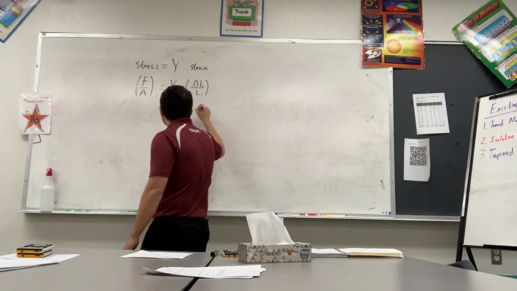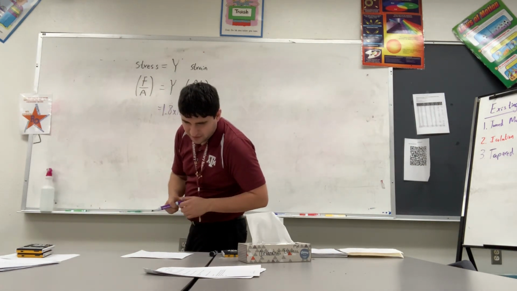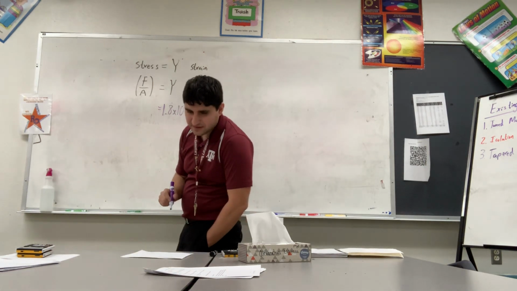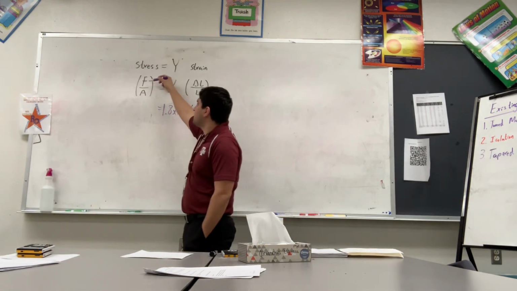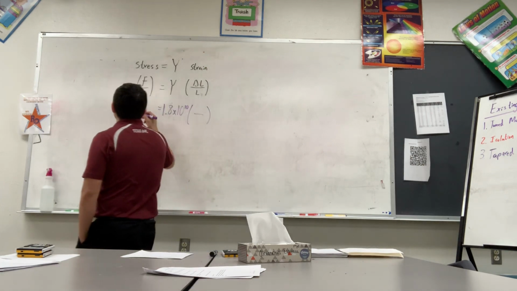That goes there. It can withstand a stress of about 1.7 times 10 to the 8 pascals. So where do I put that? On the force or on the area? Just literally all of it.